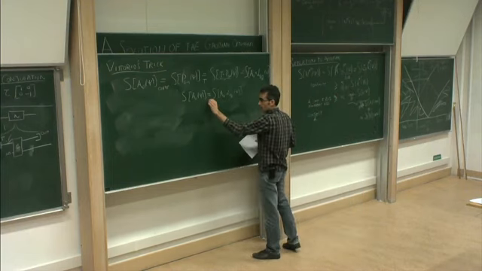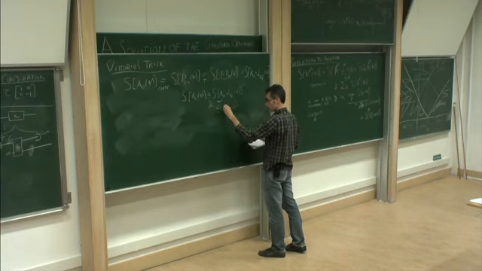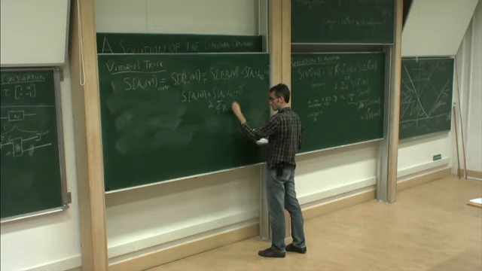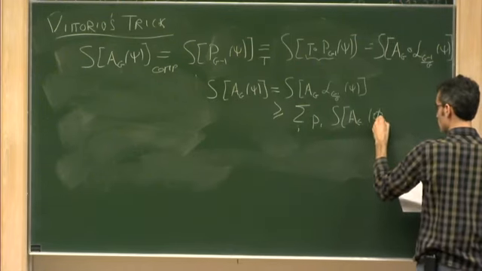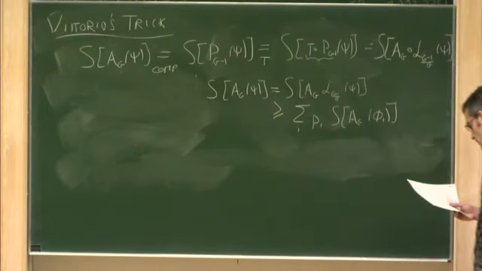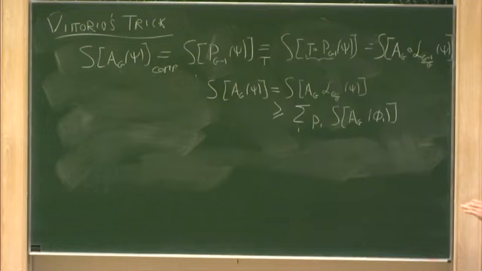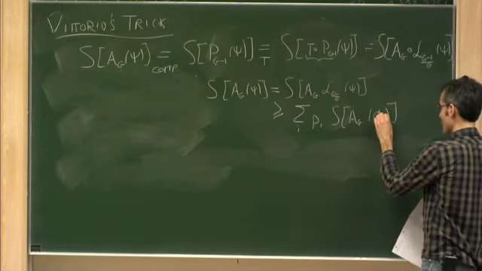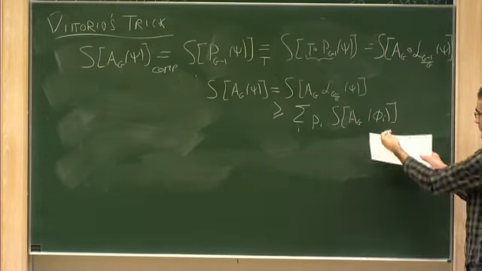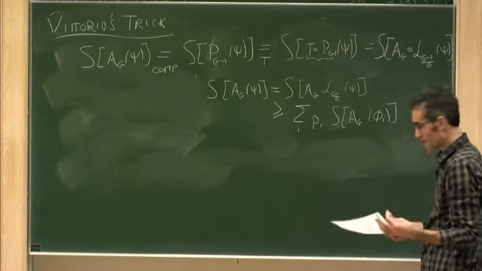So one can then get a lower bound that is like this. Okay, and now if you look at this, you may think, well, we haven't got anywhere, because we still have the same problem as before. I want to minimize the output entropy of my amplifier. Looks like we are not progressing much.